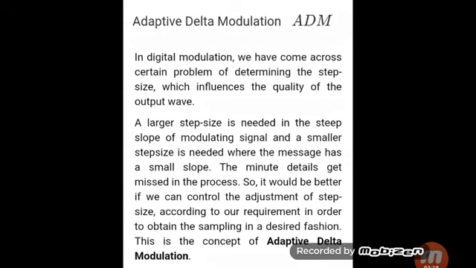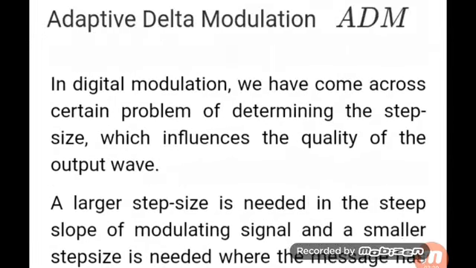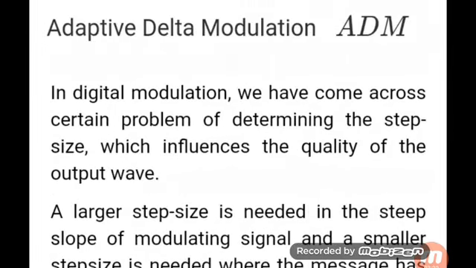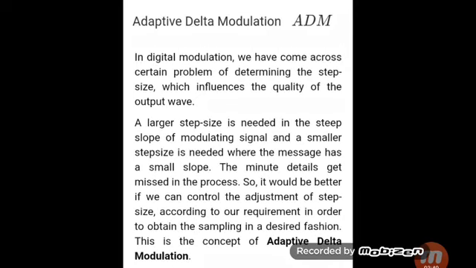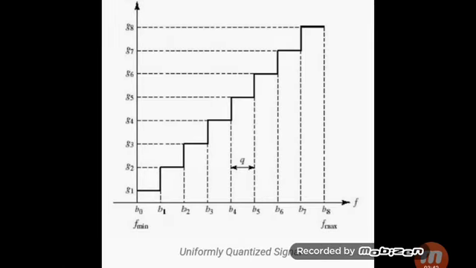First, what is adaptive delta modulation? In digital communication we come across a certain problem of determining the step size, which influences the quality of the output wave. That means in the conversion process the step size is very important.